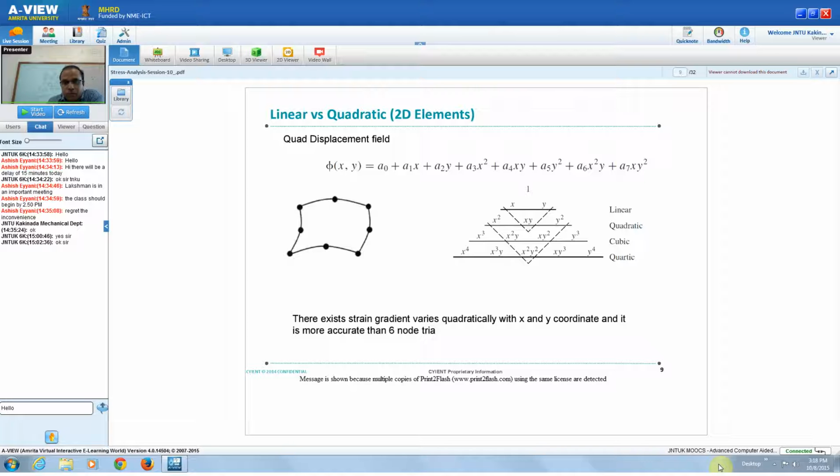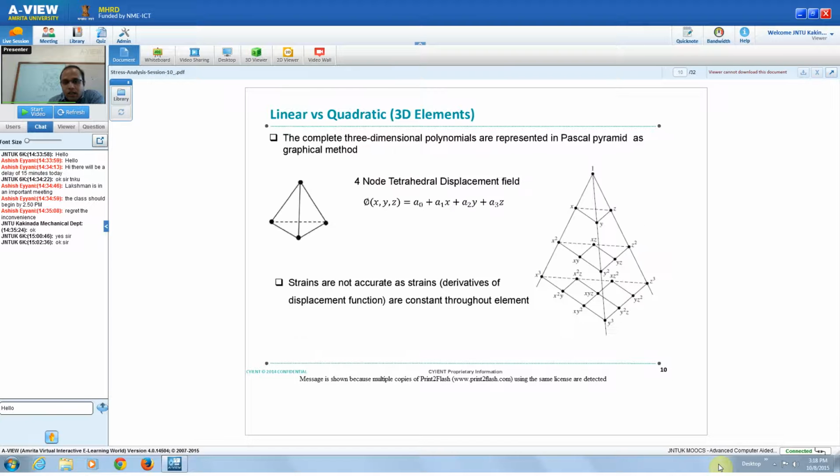So that will be more accurate compared to the triangle. So the quad element with mid-side nodes will give more accurate results compared to all other element formulations.